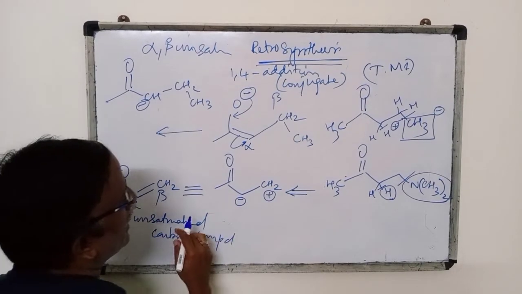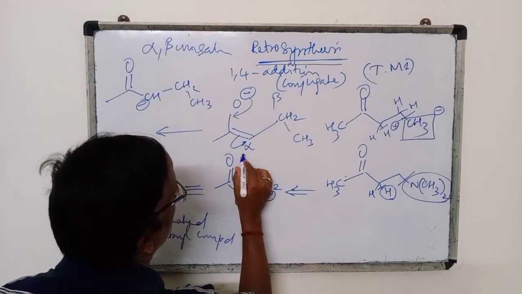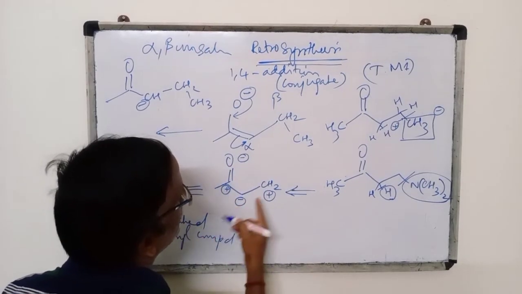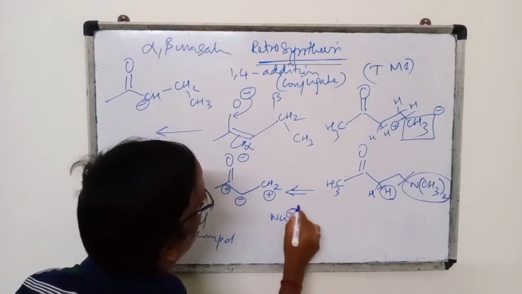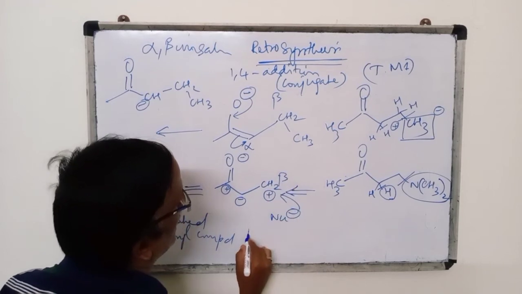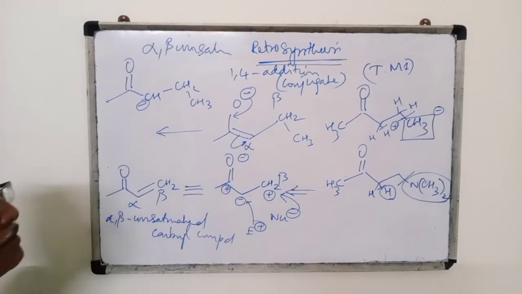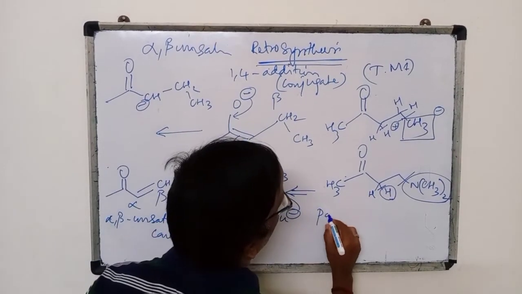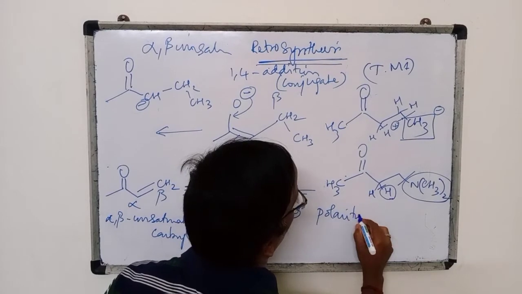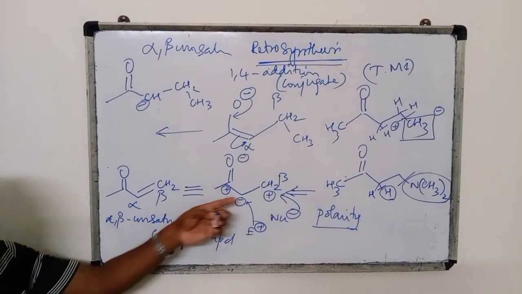In the alpha beta unsaturated carbonyl group, this is going to be negative charge, positive charge, negative charge, positive. So I can add a nucleophile at the beta position, I can add an electrophile at the alpha position. By making use of the simple polarity of this carbonyl group, I can keep on extending it.